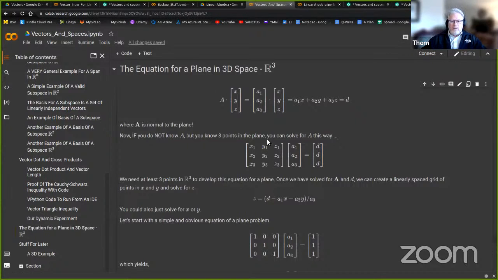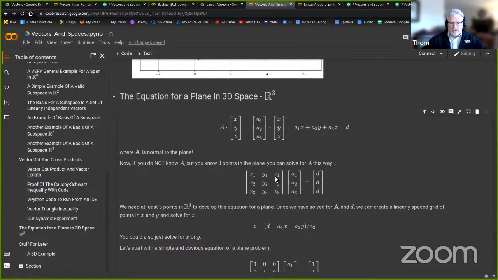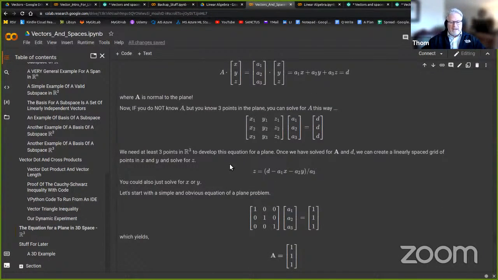Okay, so let's just extend what we were seeing. We were talking about, I either need 3 points. Each of these rows is 1 point in 3D space. That's if I don't know the components of the normal vector yet, and if I don't know what D is, but we would actually have to define a value for D. But once we do that, we can solve for the normal vector for any D. And again, this has to be valid for all points in R3.